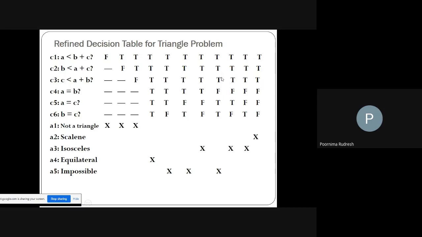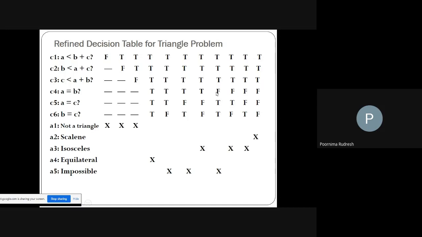Similarly, for the next rule, if the C4 condition is false, A is not equal to B, but A is equal to C and B is equal to C, what does it indicate?